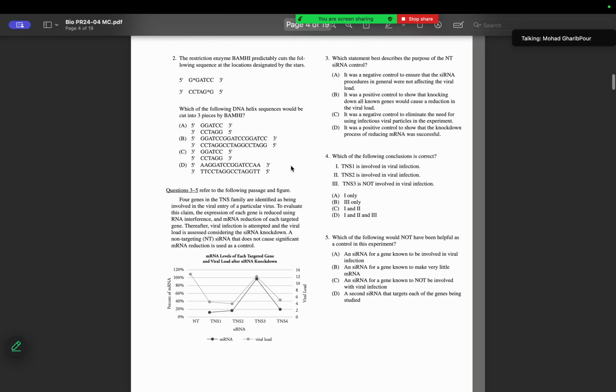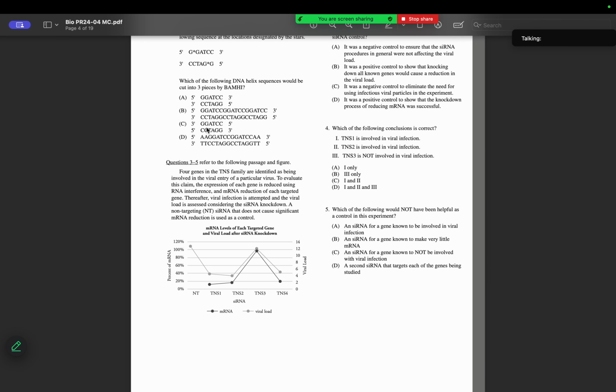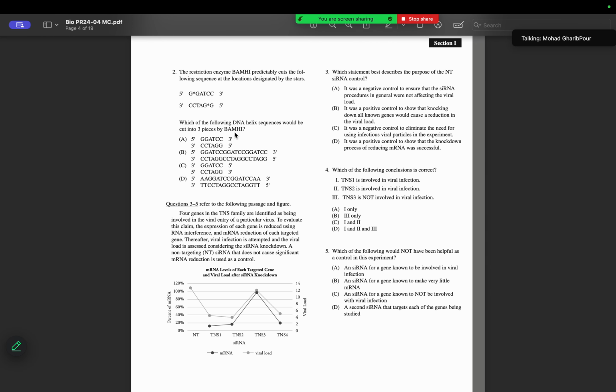Go over them. Number 2, the restriction enzyme BamHI predictably cuts the following sequence at the locations designated by the stars. Which of the following DNA helix sequences would be cut into 3 pieces by BamHI?